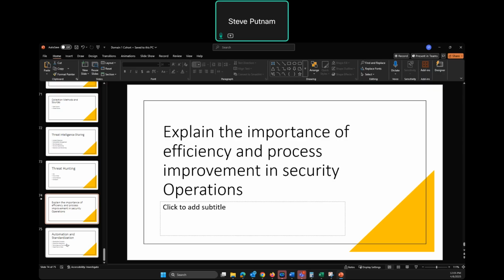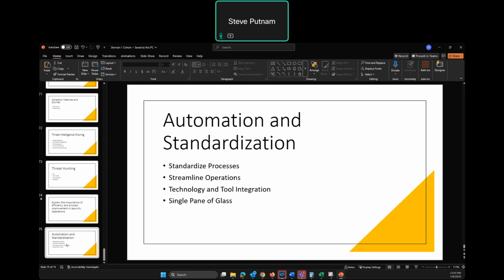And then you want to look at possibly automation and standardization. You want to standardize those processes, streamline operations, and integrate all the technologies and tools you can onto a single pane of glass, so that you can correlate the logs, the IOCs, everything that's happening into one area, so that your analysts are able to identify a threat, investigate the threat, and remediate it.